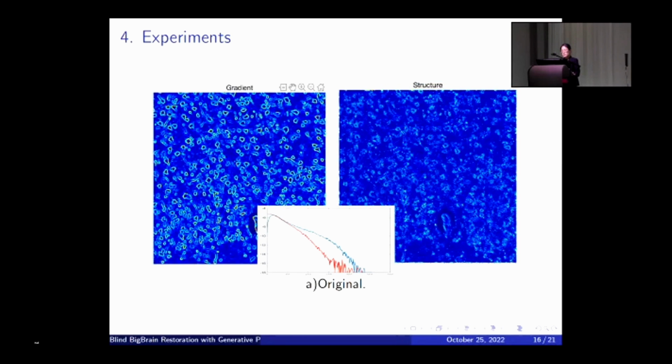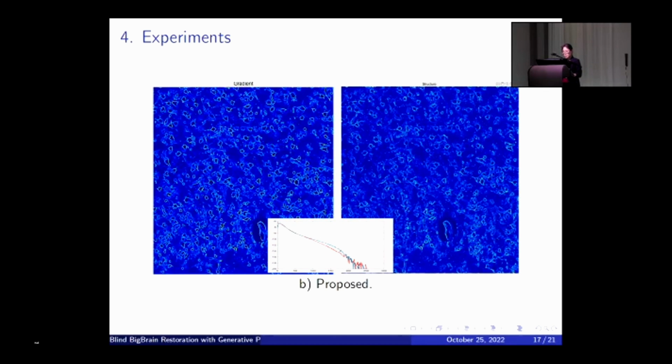And to show the performance, we use the gradient histogram to show the distribution of the features. This is the distribution of the original image, and this is the feature distribution of the proposed approach.